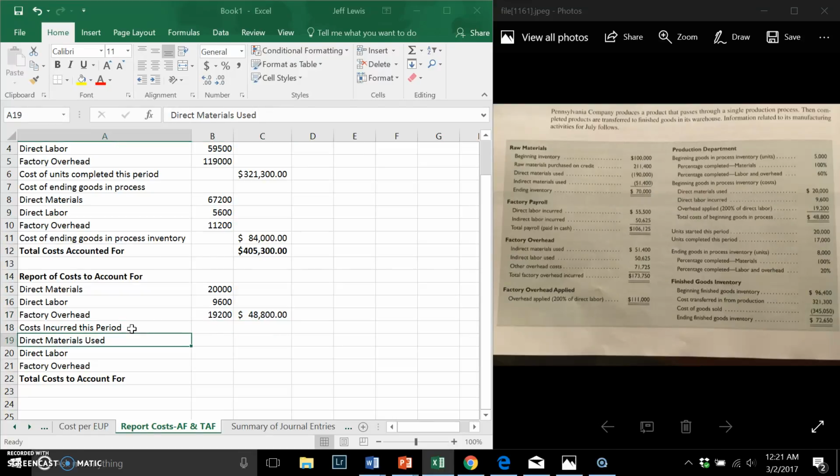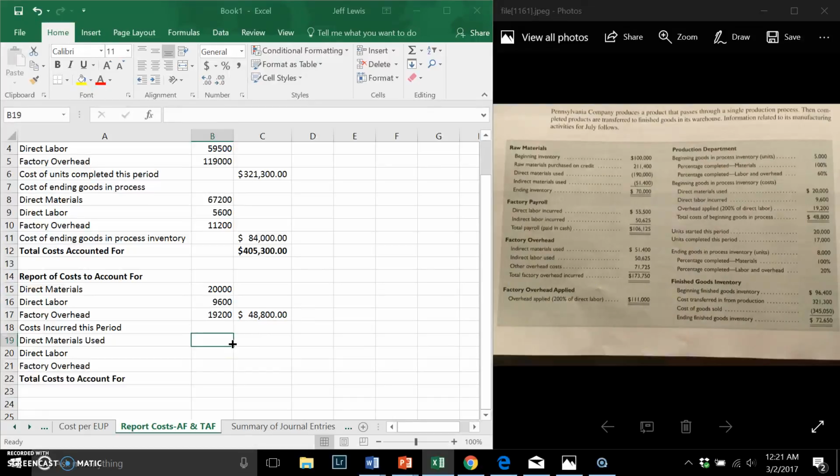The costs incurred this period is the direct materials used, the direct labor, and the factory overhead. And so we find that in this section. For the direct materials, you look under raw materials, for the direct labor you look under the payroll right here, and for the factory overhead you look under the factory applied overhead column.